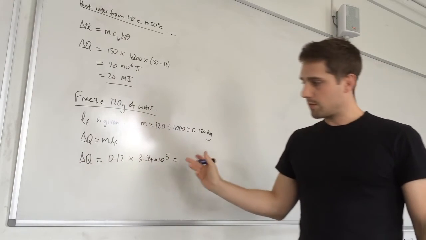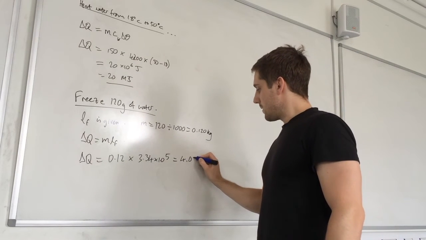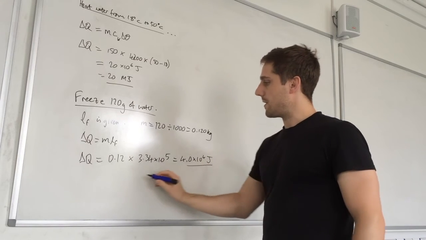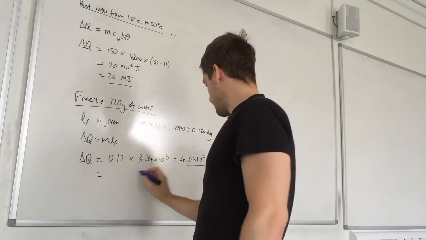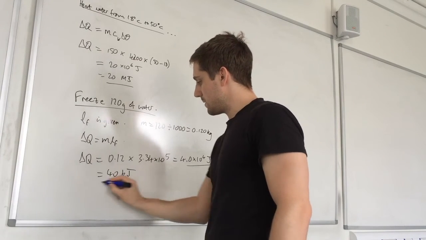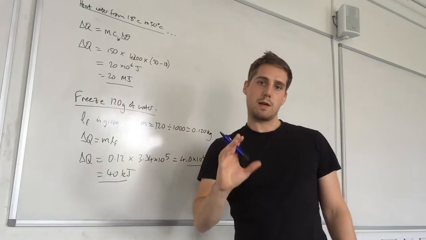Right, once we've done that, multiply those out, that's 4 times 10 to the 4 joules, and that is equal to 40,000, so that's 40 kilojoules. There we go.